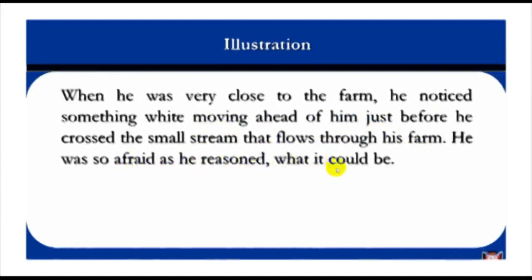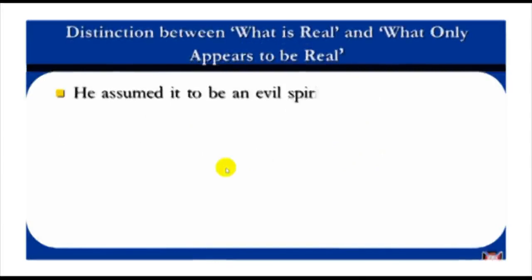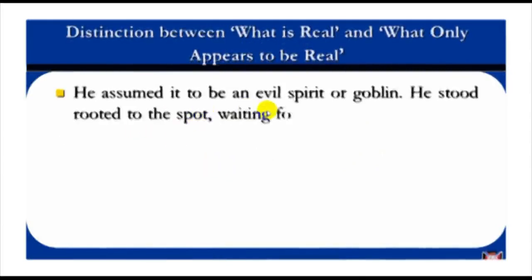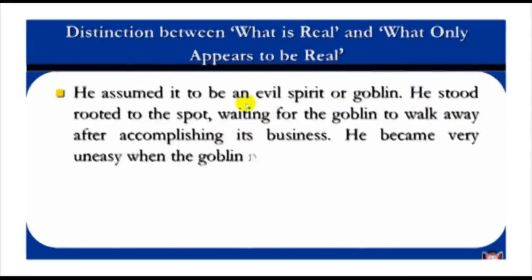He was so afraid because, he reasoned, what else could be that white thing moving in the bush ahead, if not an evil spirit or goblin? He stood rooted to the spot, waiting for the goblin to walk away. After accomplishing its business, he became very uneasy when the goblin refused to leave.